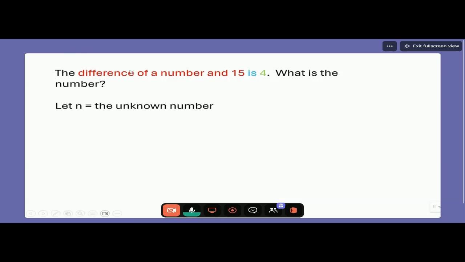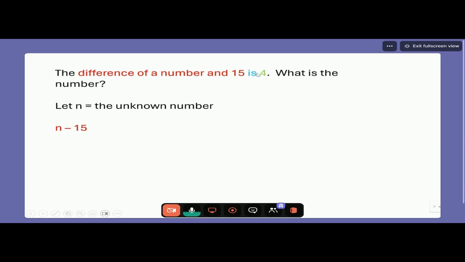So this is probably the hardest part right here in red. The difference of a number and 15. What is the difference of two things? It means you subtract those two things, right? So if those two things are our number n and 15, that means the difference of n and 15 we would write as n minus 15.